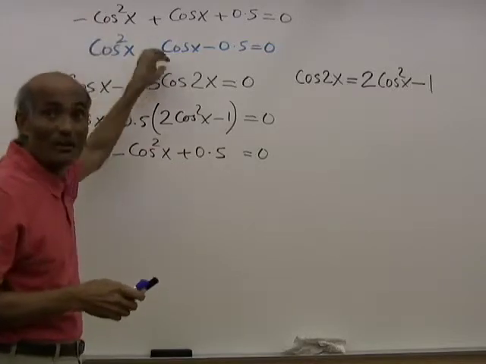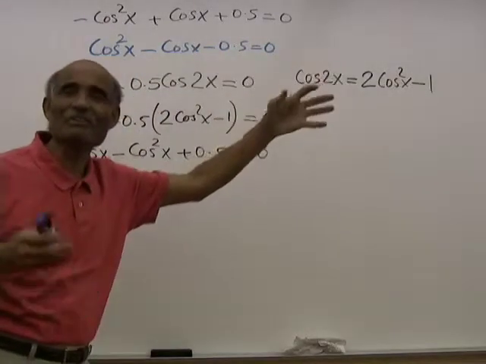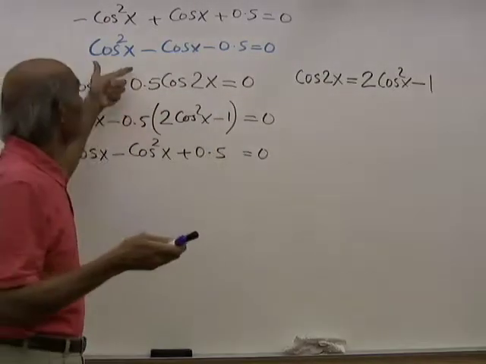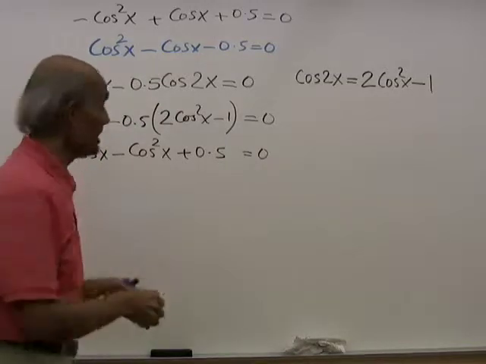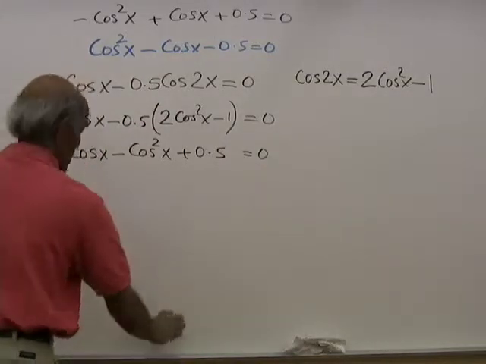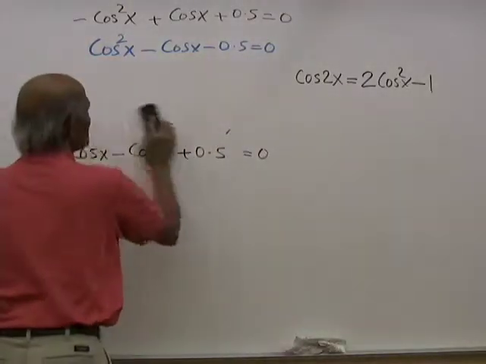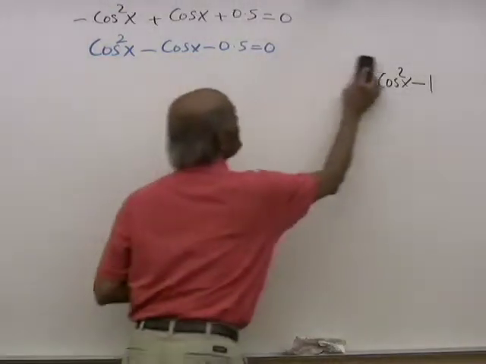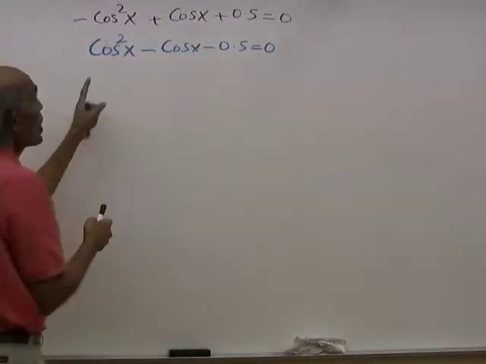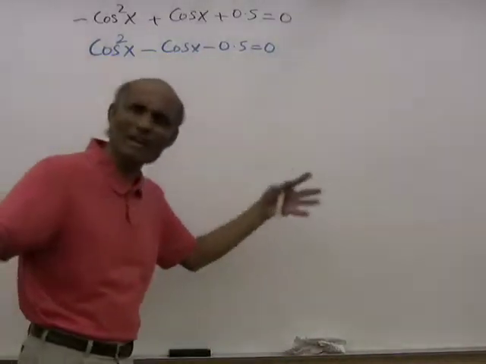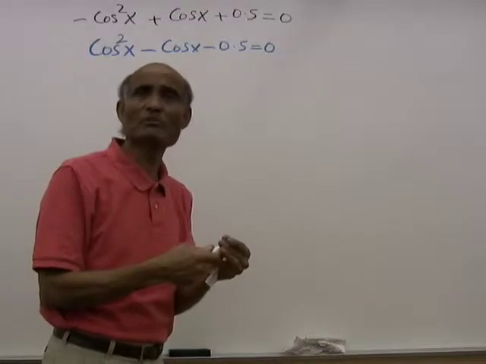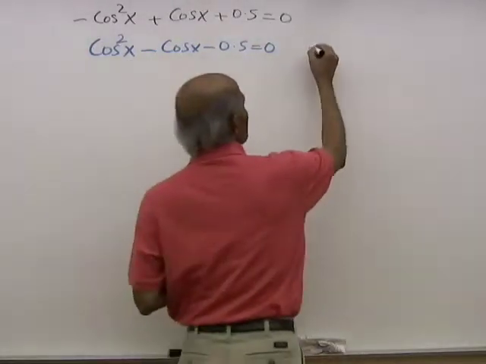X squared minus x minus 0.5 equal to 0. In the same way, this is cos squared x minus cos x. Now, if you have difficulty dealing with this, you can simply call cos x equal to x or cos x equal to u. You want to do that?